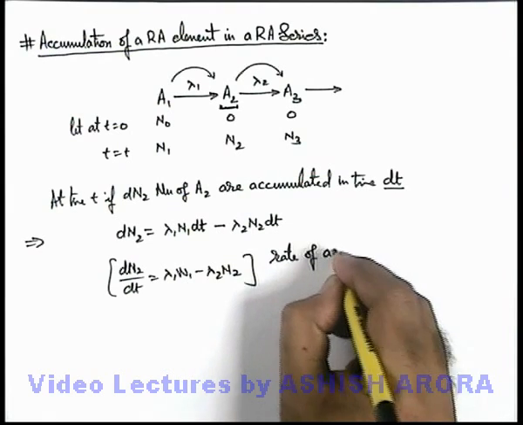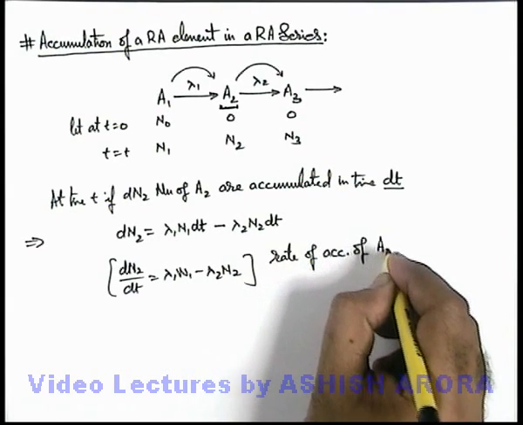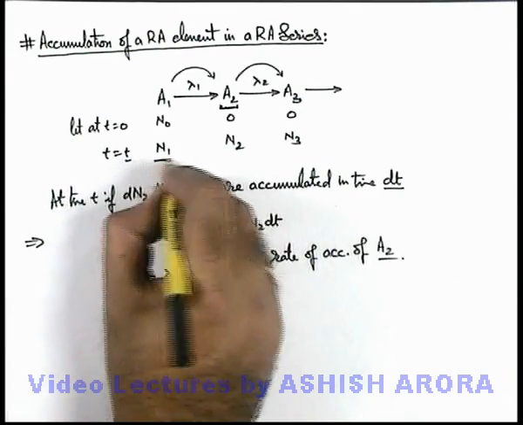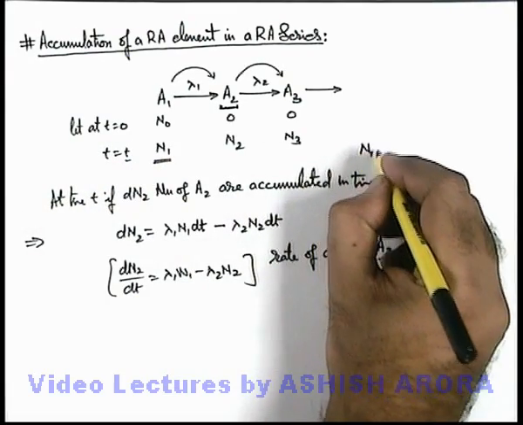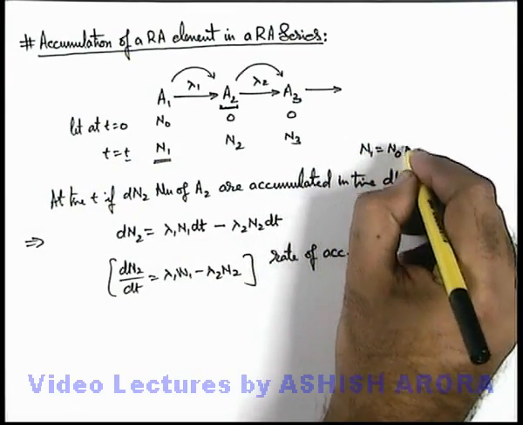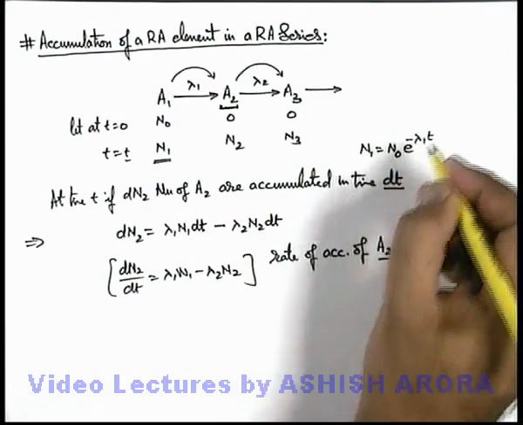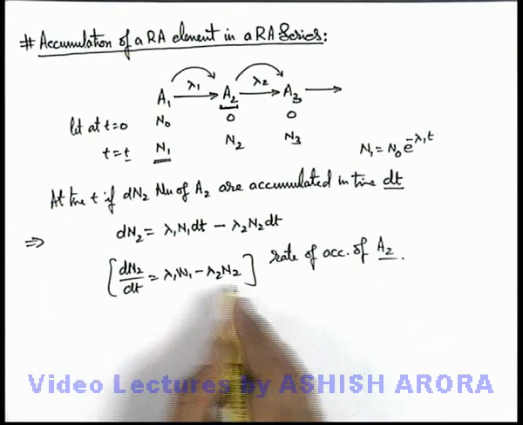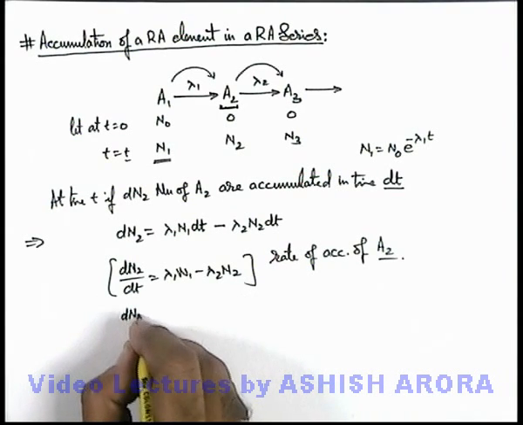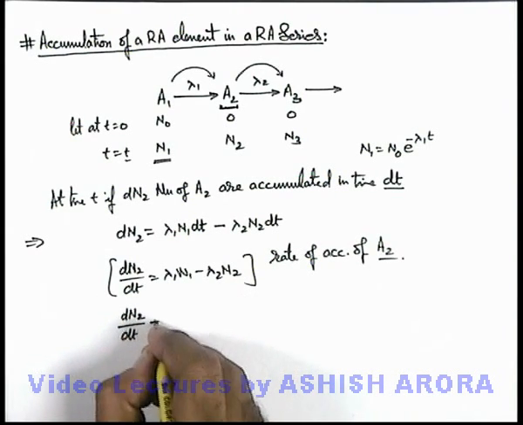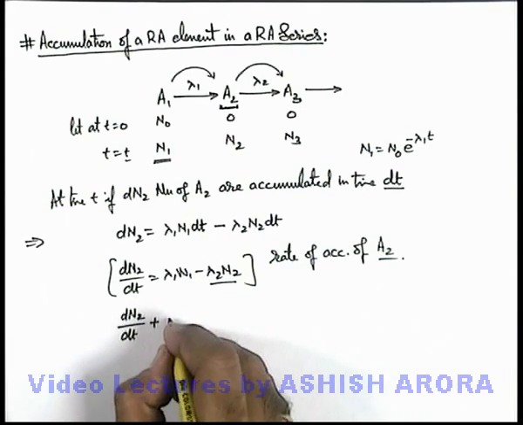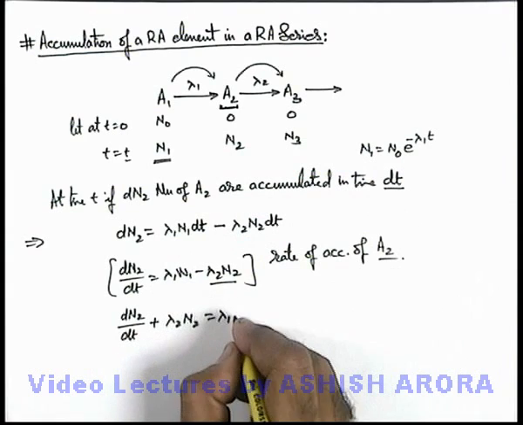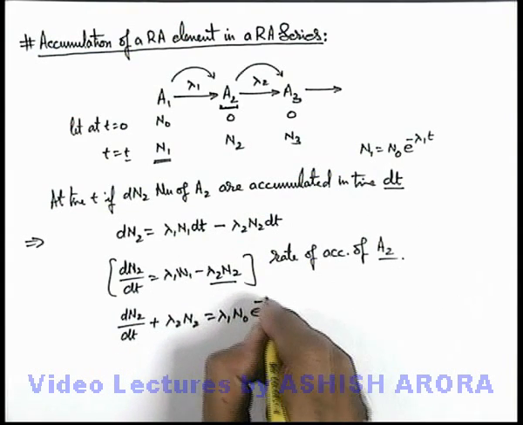Now after time t, n1 we can directly write by decay as n0 e to power minus lambda 1 t, as A1 is not being produced, it is only decaying. So this equation can be rearranged as dn2 by dt plus lambda 2 n2 equals lambda 1 n1, which we can write as lambda 1 n0 e to power minus lambda 1 t.